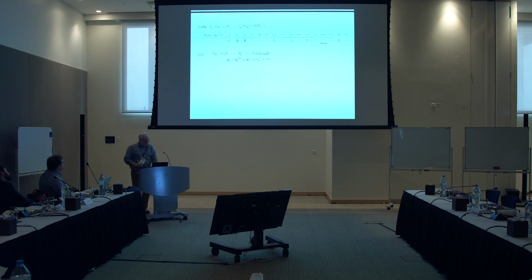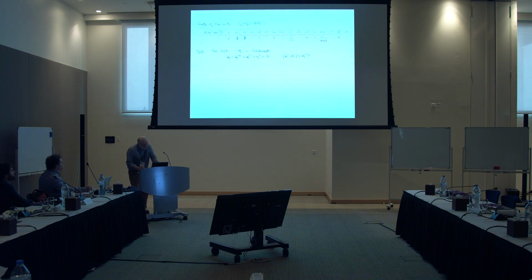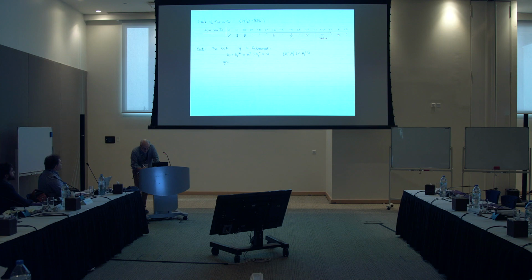Filtered just means that if you take something in filtration level i and take the bracket with something in filtration level j, this goes into filtration level i plus j. Every time you have a filtered object, there's an associated graded object, so I can think of the associated graded object of K. This is going to have something in degree -2, something in degree -1, and something in degree 0.